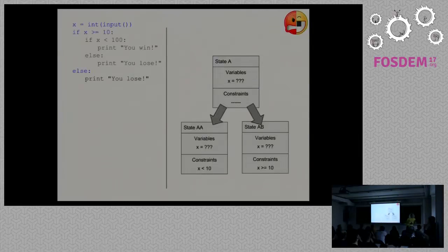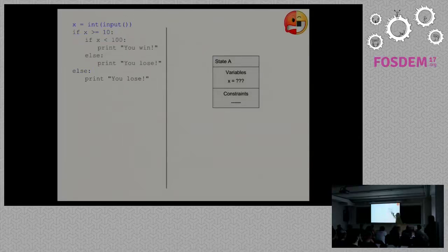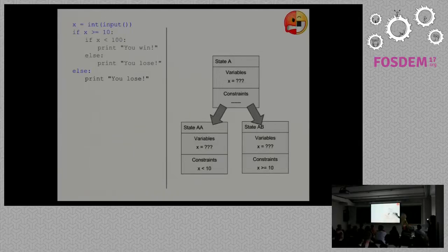So when we tick forward, I should have said, okay, so when I say x is question marks, what I actually mean is x is a symbolic value. That is, x is user input, and we don't have any conception of what that value could be, so we'll just create a symbol, x, and say that is x. Then, as we tick execution forward, we will hit that branch statement, and there are two possible places that the CPU could jump to after that instruction.